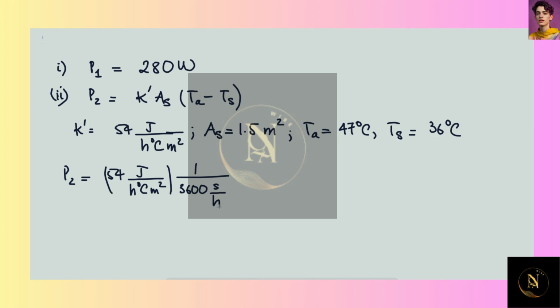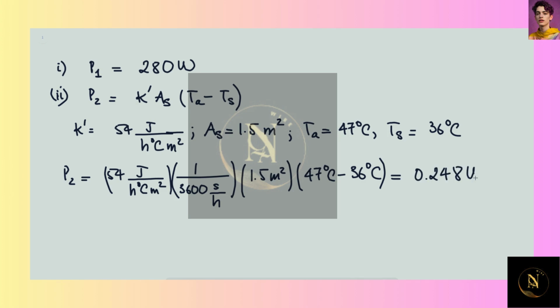Then multiply by the area of the skin, which is 1.5 meters squared, and by the temperature difference, 47 minus 36. If you plug in these numbers, you are going to get 0.248 watts.